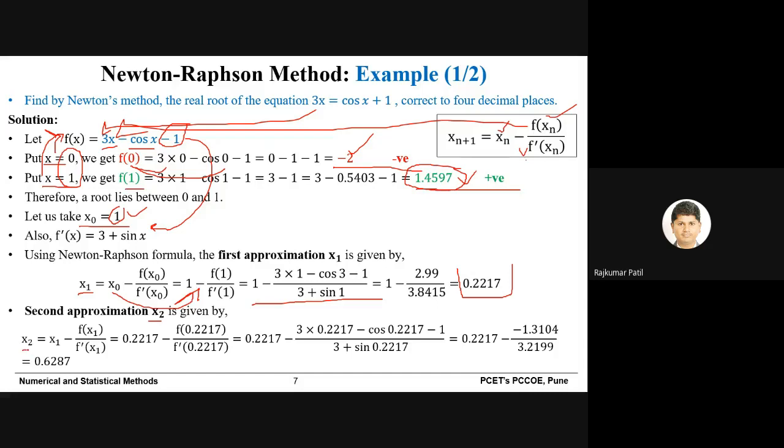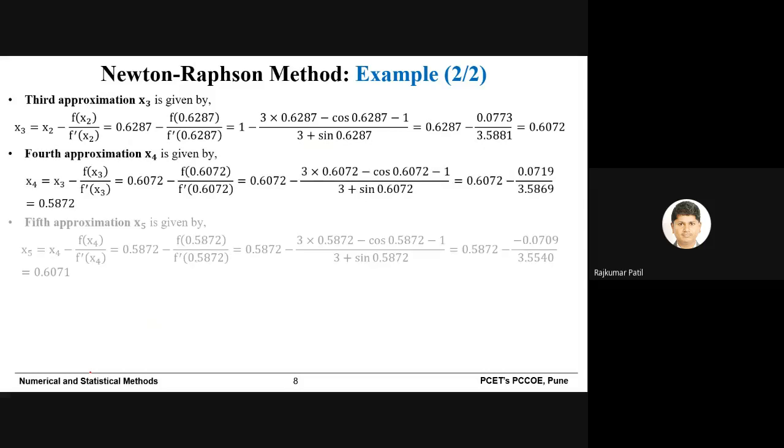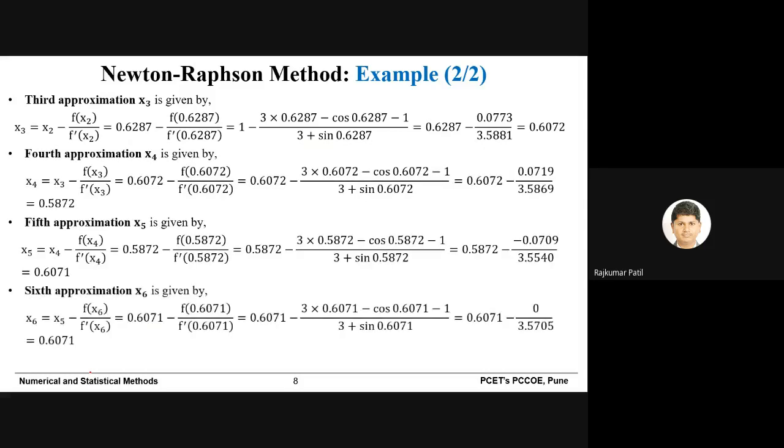Similarly, we can find x2. The formula is x2 equals x1 minus f of x1 upon f dash of x1. Then put the value into the equation, simplify, and you will get x2 as 0.6287. So what you need to do is repeat this process and you will get x3, x4, x5, x6, x7. How long should you repeat this process?